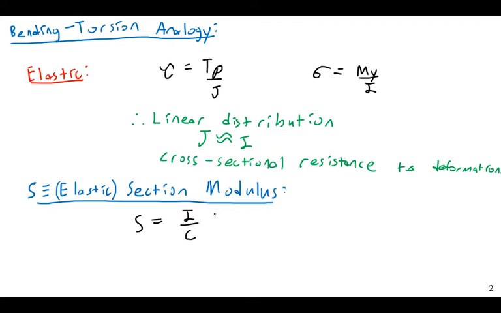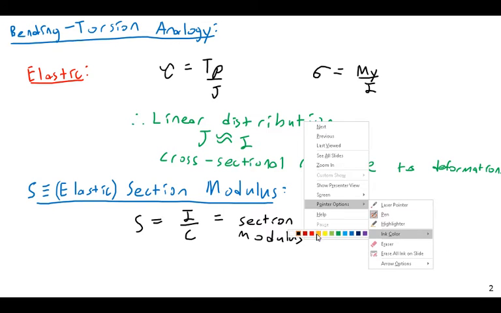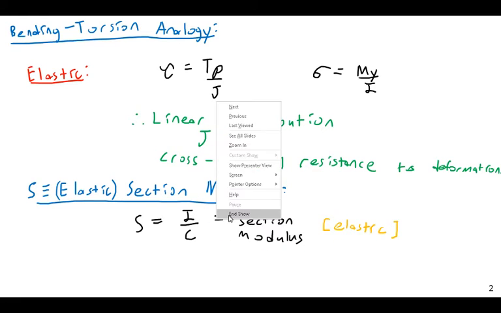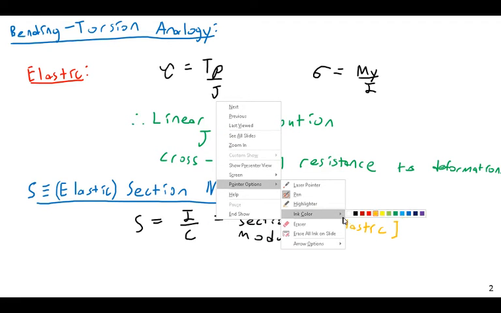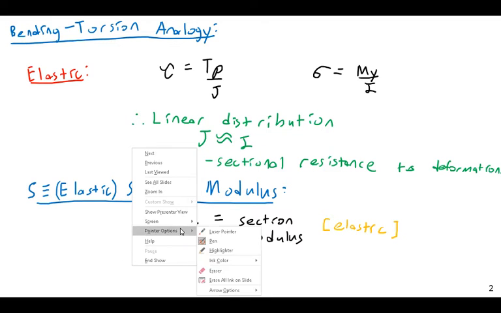It is a section property, so it's called section modulus, and this is the elastic one. It is a geometric property. It does not depend on the materials whatsoever. And the real neat thing about it is that it makes it very simple to find the maximum bending stress in a member.